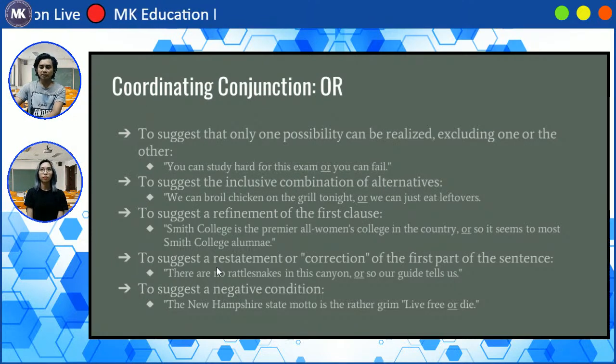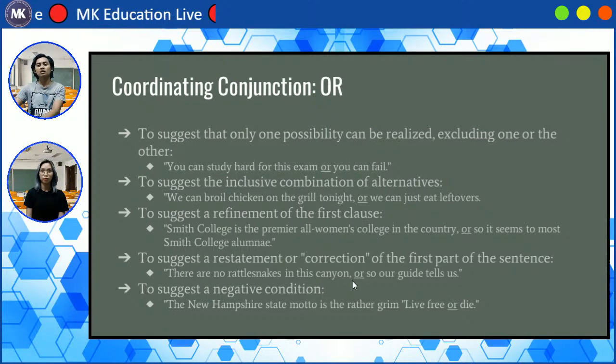Next, to suggest a restatement or correction of the first part of a sentence. There are no rattlesnakes in this canyon, or so our guide tells us. So that means this is like a truth that has been said to you, but when you use the "or", we want to say something that will correct the previous statement, in order to show that the first statement may or may not be wrong.